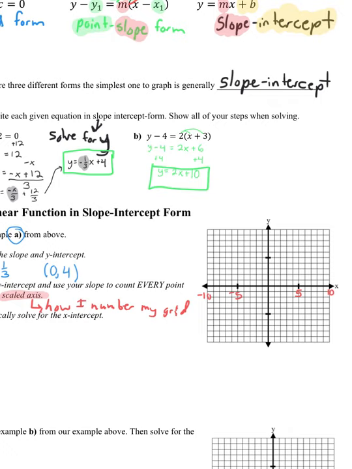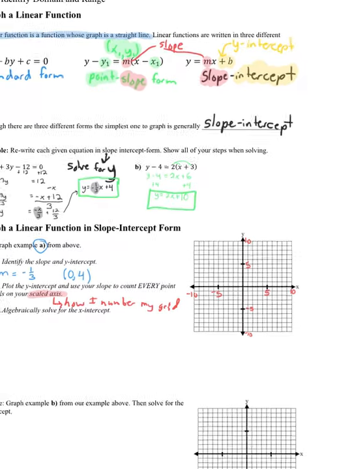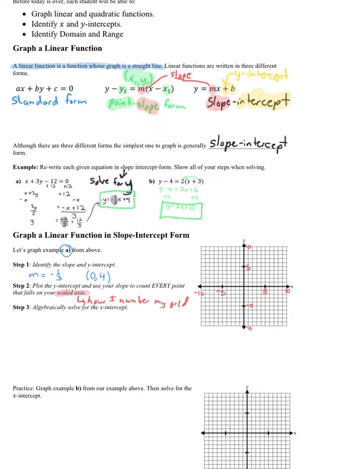And then for the y direction, I can count by 1s as well. 1, 2, 3, 4, 5, 6, 7, 8, 9, 10. And then we'll go -5, -10. So that's important. That's what the scaled axis means. Okay, next step, it says I need to plot the y-intercept, which is 0, 4. 0, 1, 2, 3, 4.